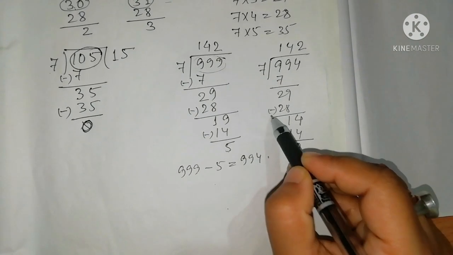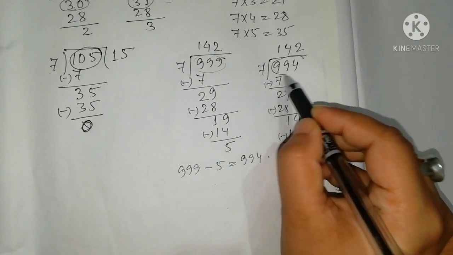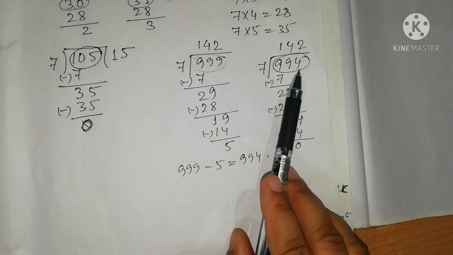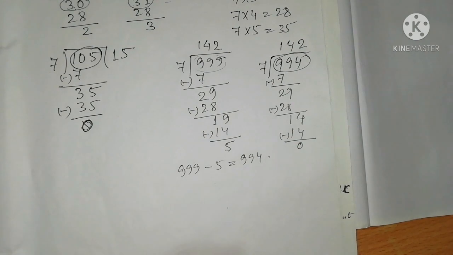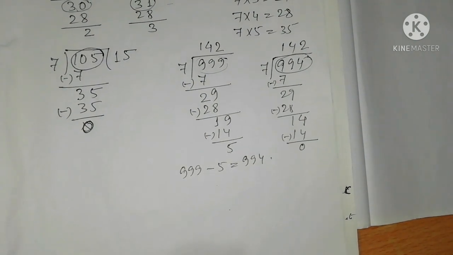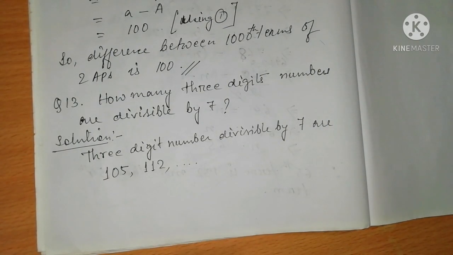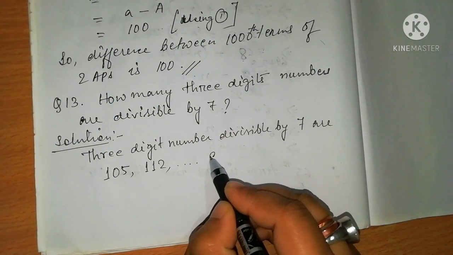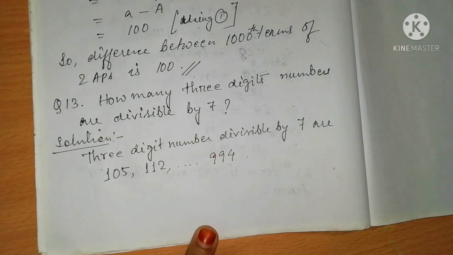Yes. So 994 is completely divisible, and this is the last three-digit number which is divisible by 7.